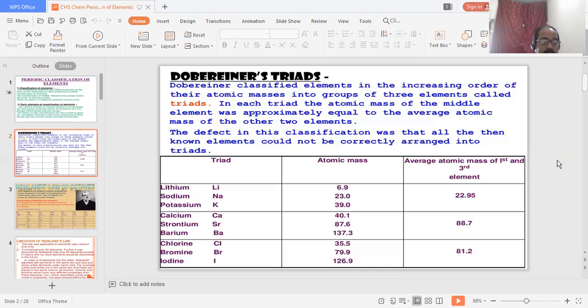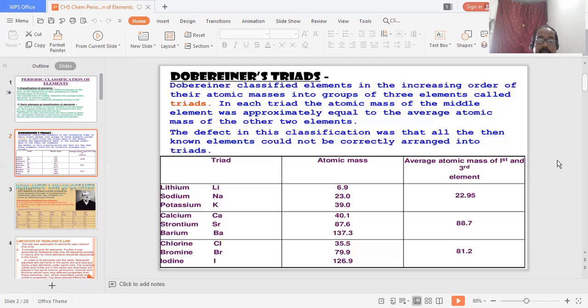Adding both values, the total is 162.4, and divided by 2 the value is 81.2 approximately.